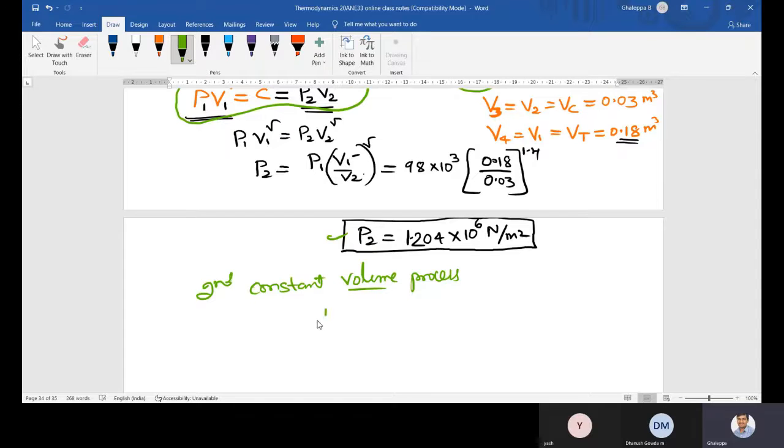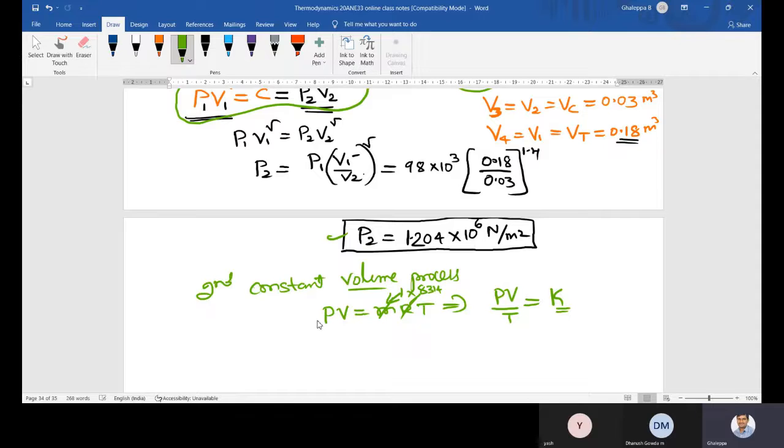What is the ideal gas equation? PV is equal to MRT. M and R are the same for the given gas, M is equal to 1. So using this, I will write PV by T is equal to some constant value. M is also some constant, not 0, and R is also some constant like 8314. You will get some constant.